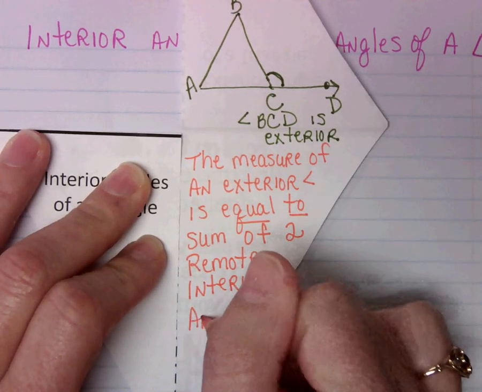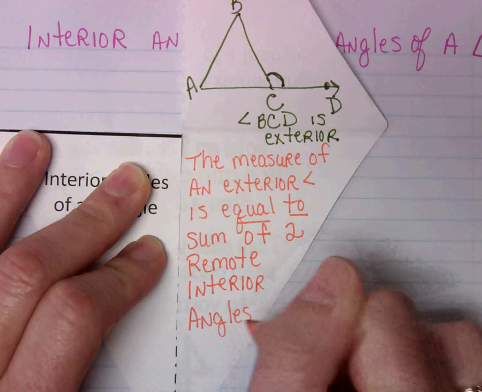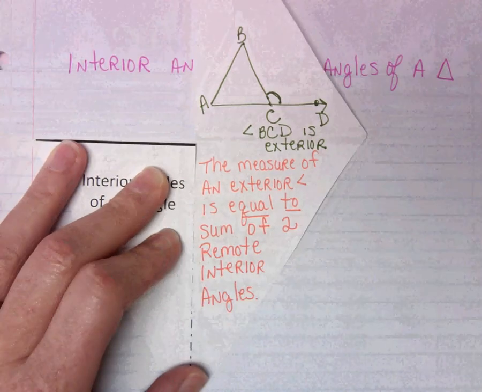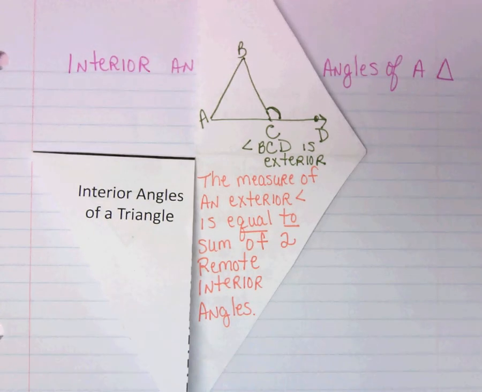Now, I know that sounds really complicated, so write it down, pause the video for just a second, write it down, and then we're going to look back at the picture. The measure of an exterior angle is equal to the sum of the two remote interior angles.